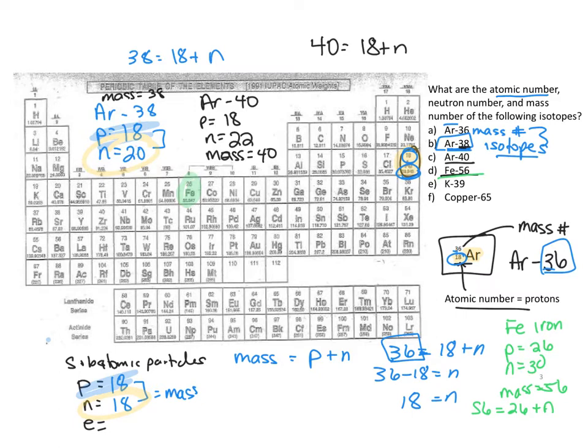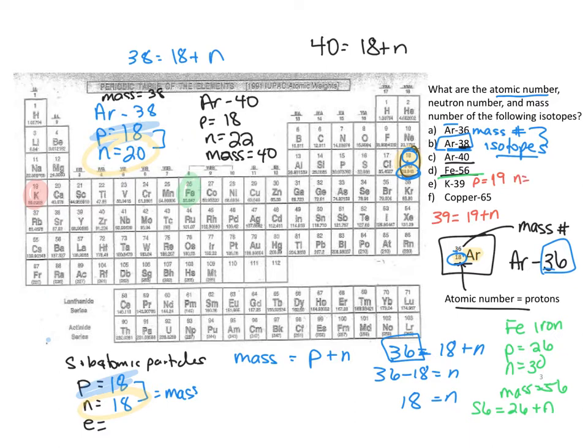We have potassium 39. Potassium 39 is over here. And so we have protons equals 19. The mass is 39 equals 19 plus N. So 39 minus 19 is 20.